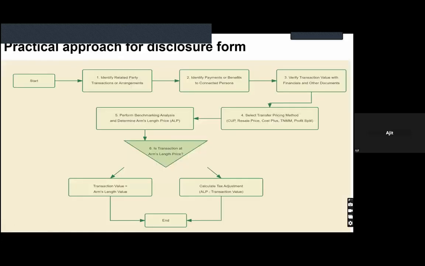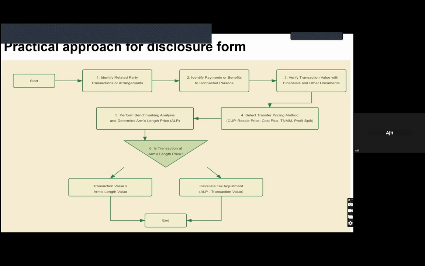Now, quickly going to the practical approach for the disclosure form. I'll not go into too much detail, but the whole idea is that the local file needs to be attached wherever it is applicable. Going by the disclosure form, if you don't get clarity from the FTA, the approach is that we need to identify related party transactions, and we need to identify the connected persons. The third step would be verification of those transactions.